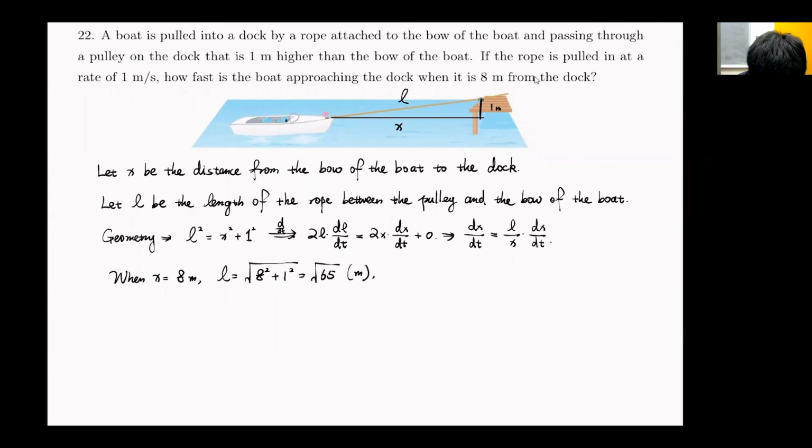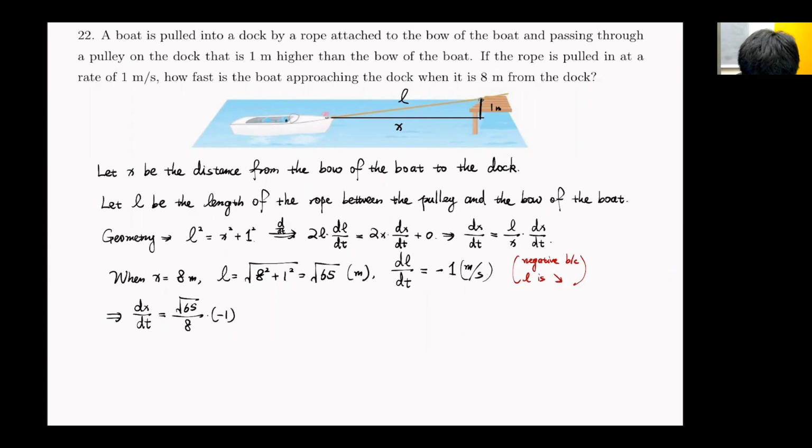We also know that the length changes with the rate of minus 1 meter per second. And again, this is negative because L is decreasing. Then we know that dx over dt equals L, root of 65, divided by x, which is 8, times dL over dt, which is -1.